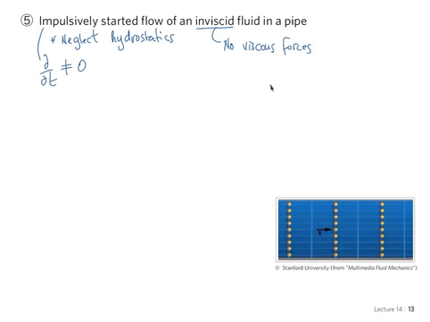There's no viscous forces. So all we have is the pressure. The profiles along here are all the same. So there's no convective acceleration also.